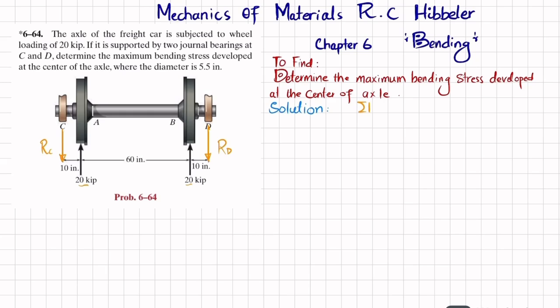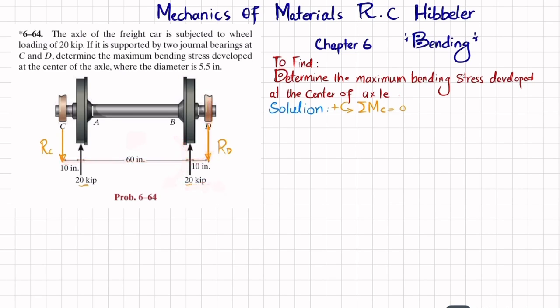So the first equation of equilibrium is that the sum of all moments about point C is equal to 0, taking the counterclockwise moment as positive. About point C, the first moment will be this 20 kips into perpendicular distance, this 10, and this is producing counterclockwise, so it will be positive. The second moment about point C will be this 20 kips, and perpendicular distance is now 70, and it is also counterclockwise, so it will be positive. The third moment will be due to this RD, and now perpendicular distance is 80, and this is clockwise, so it will be negative.